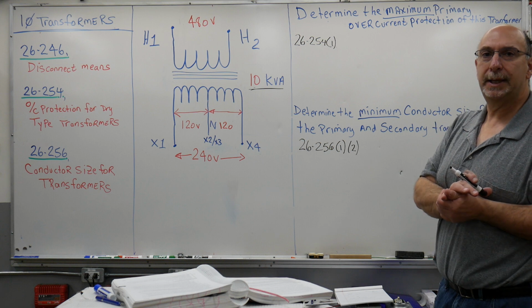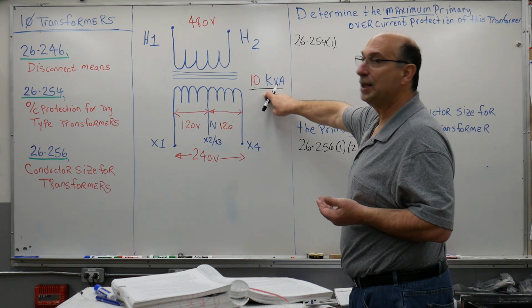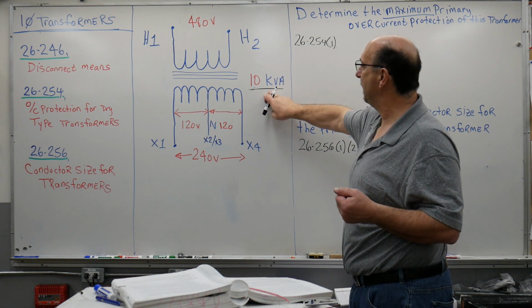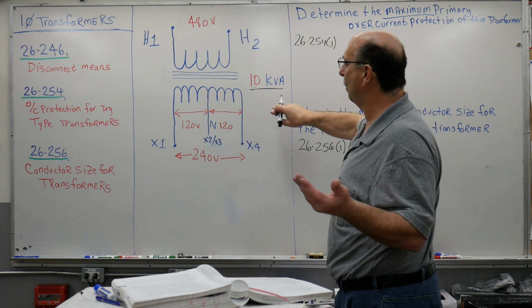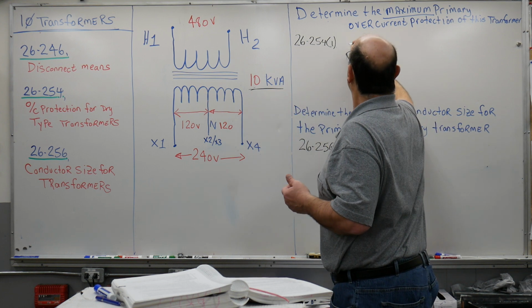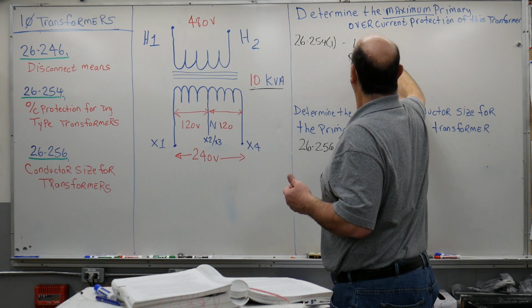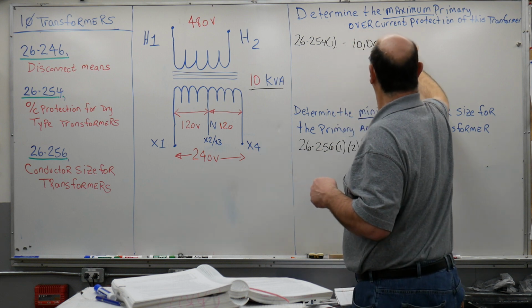Transformers are very easy to calculate. You take the transformer kVA, in this case 10 kVA, which actually represents 2000 VA. Sorry, 1000 VA. So, sorry, it's 10,000 VA.